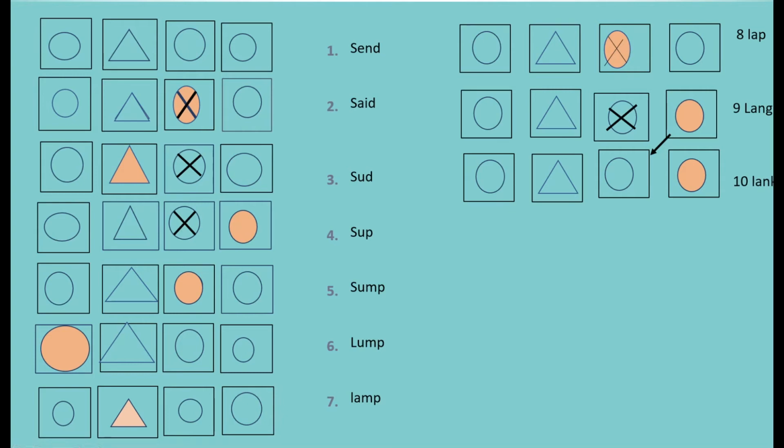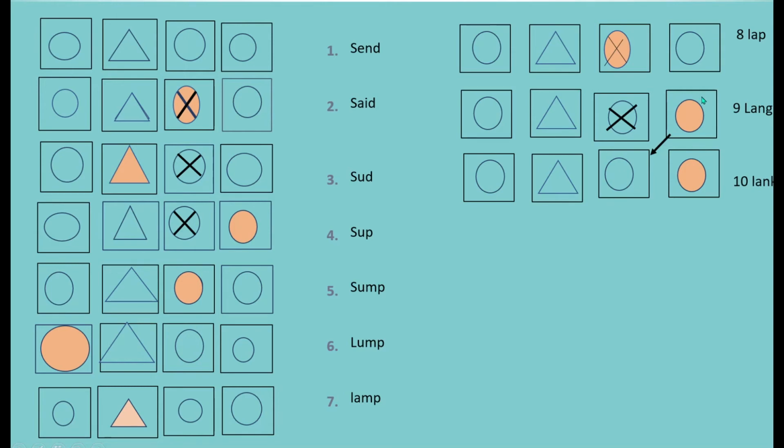For the next one, lang, well, that sound is still missing, so I leave the X there. And then the last sound was p, but now it's ng, so I color that. Now, the next and the last one we have is lank.